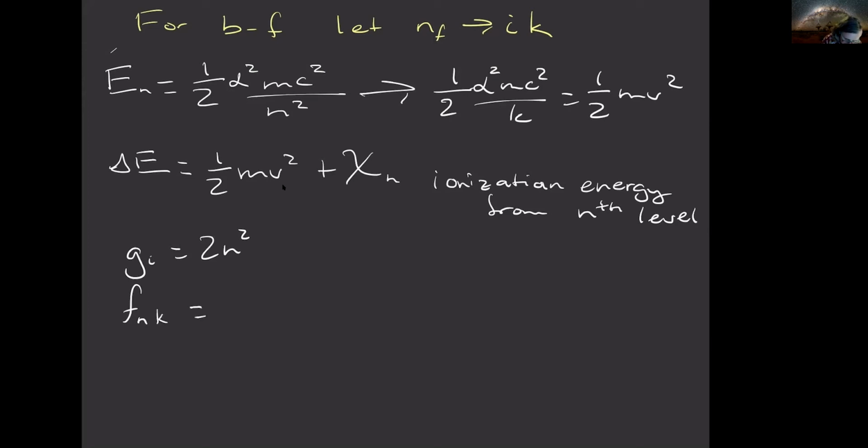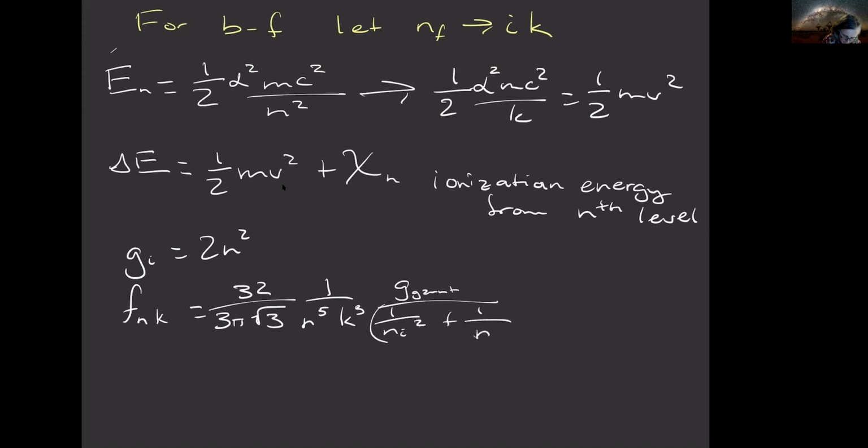So Fnk, the oscillator strength, is 32 over 3 pi times the square root of 3, 1 over n to the 5th power, k to the 3rd power, g gaunt over 1 over n squared plus 1 over k squared, and all of that cubed.